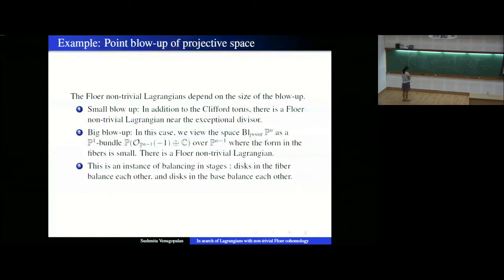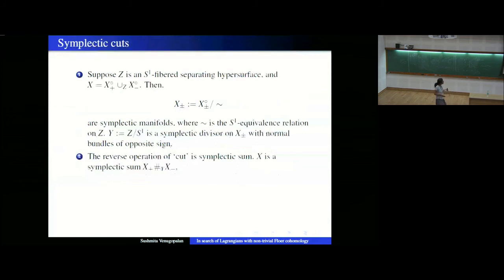The idea of the proof uses kind of splitting up the manifold into two parts, one close to the blow-up and one far away. That's done using an operation in symplectic geometry called a symplectic cut. And what's a symplectic cut?